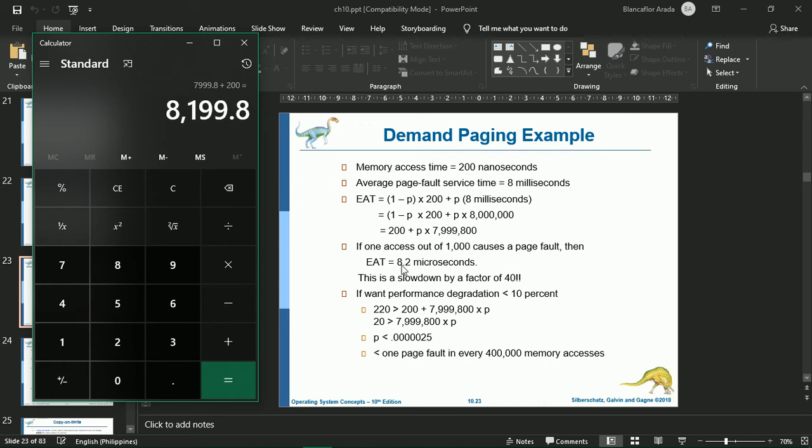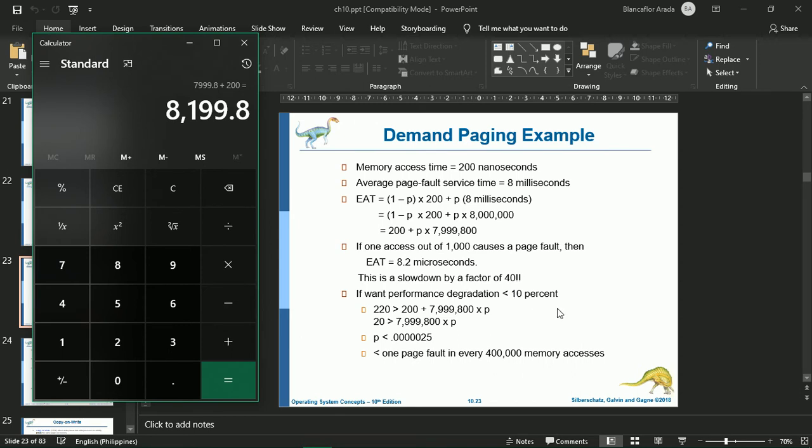If you convert it into microseconds, we will have 8.2 microseconds. So move the decimal point to the left, 1, 2, 3, then just round it off. So that's why it is 8.2 microseconds. So this is a slowdown by a factor of 40.